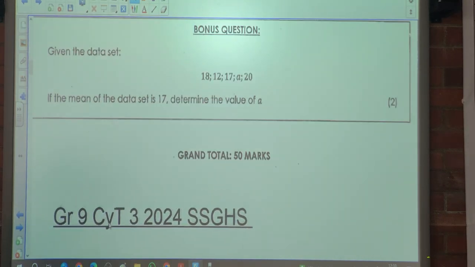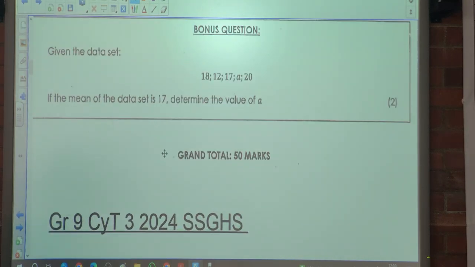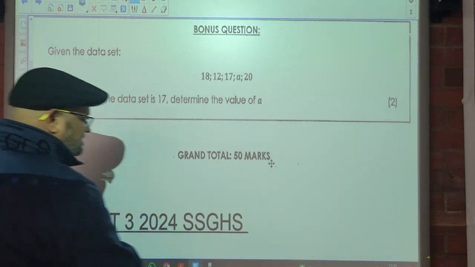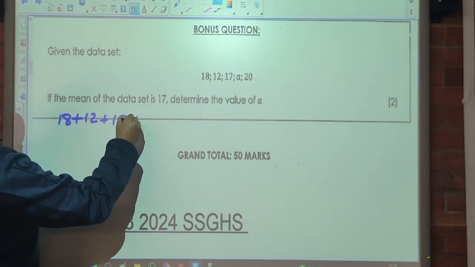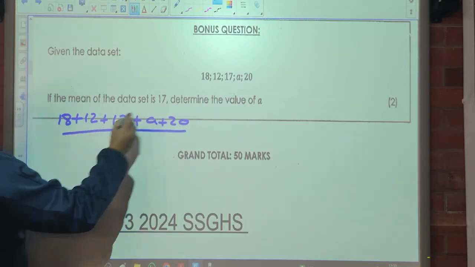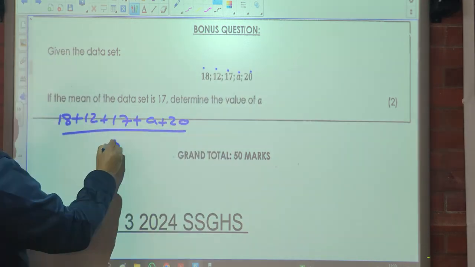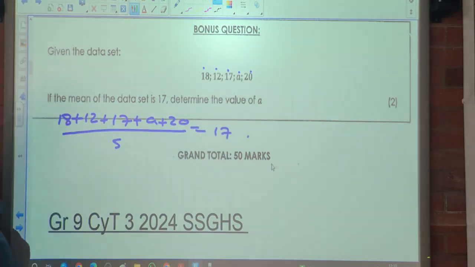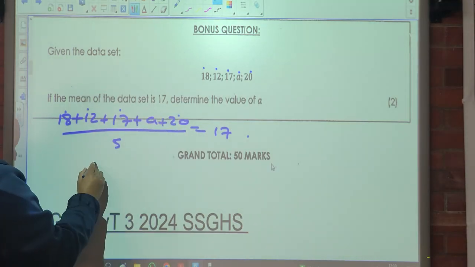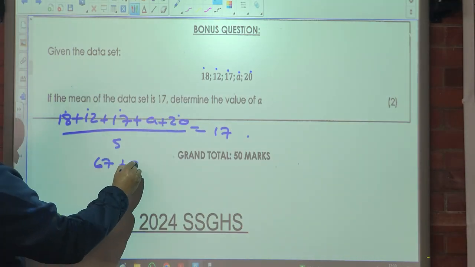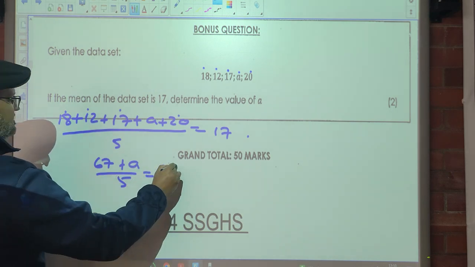Last question. Given the data set, which is 18, 12, 17, A and 20. If the mean of the data set is 17, how do you calculate the mean? It's going to be 18 plus 12 plus 17 plus A plus 20 over 5, which gives you 67 plus A over 5 is equal to 17 over 1.